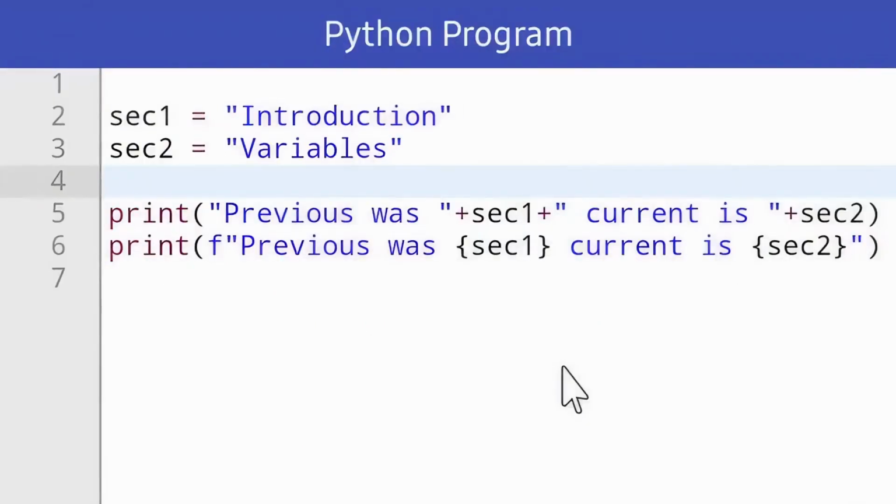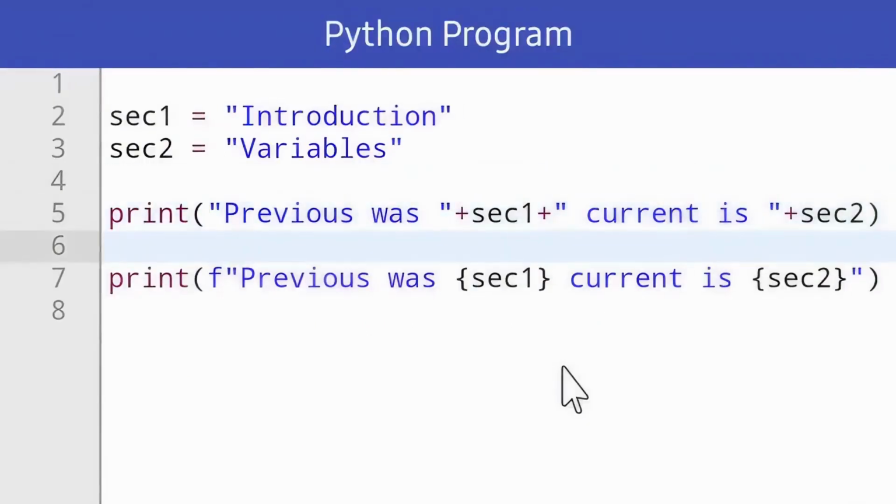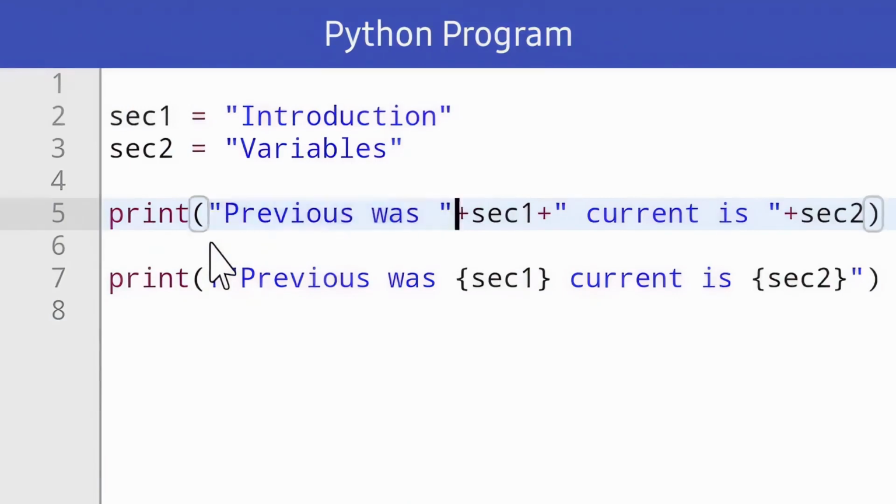Now let me explain exactly what is happening here. So in our first print statement here, we're essentially combining our text to our variables using the plus sign. So we're putting our text in quotes, just like this, and our variables, we make sure that we don't put in quotes.